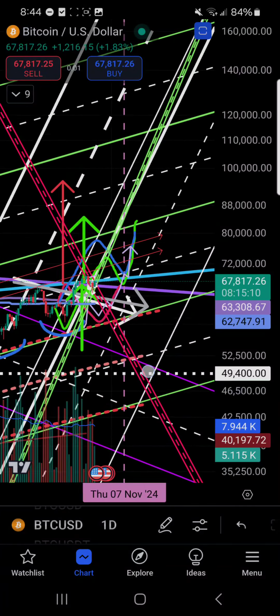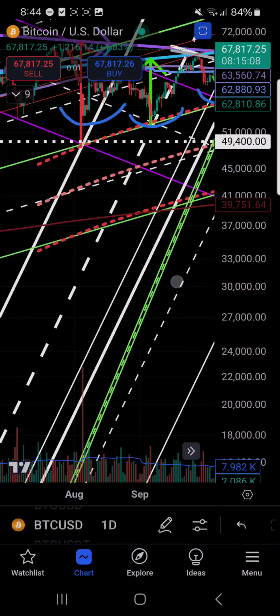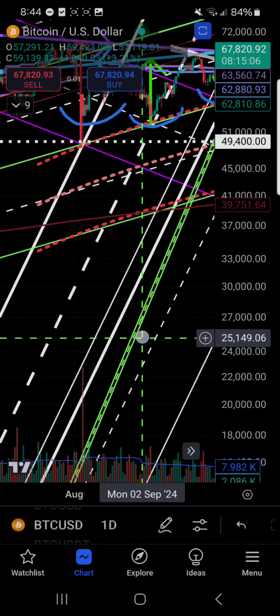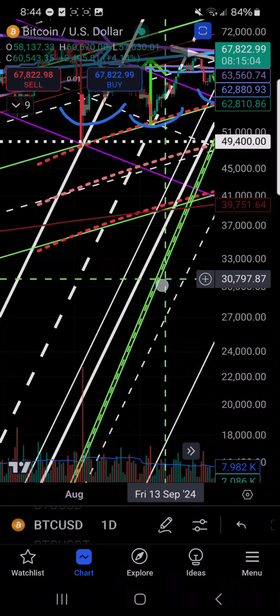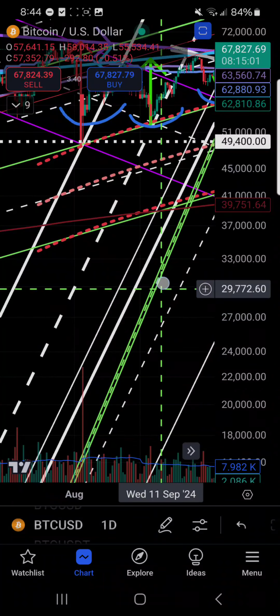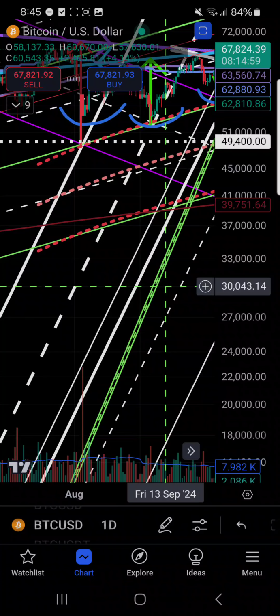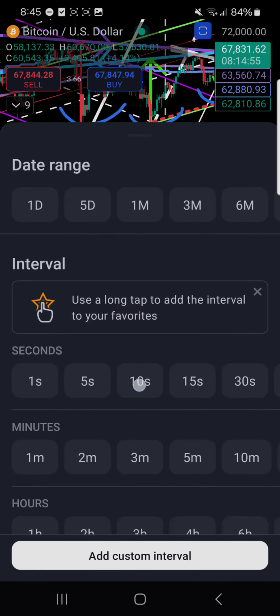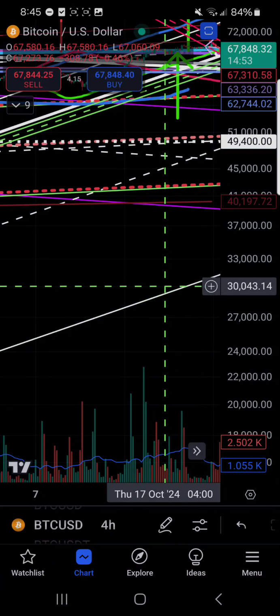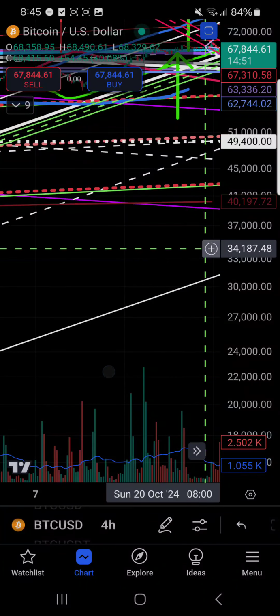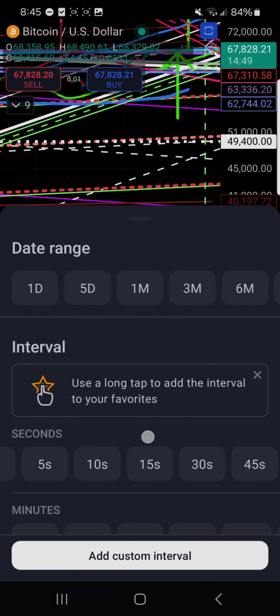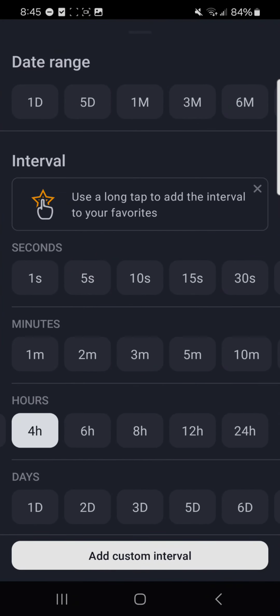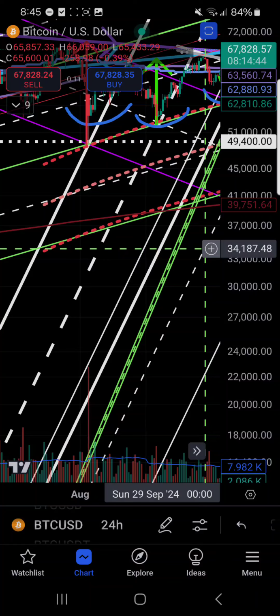Interesting. Now, when I switch to a daily, you can see that this has gone askew here. That's because I didn't anchor it, it's drawn on a 1 hour chart. So when you switch to a daily, it kind of freaks out. What happens if we go on a 24-hour rather than a daily? Is it still askew?